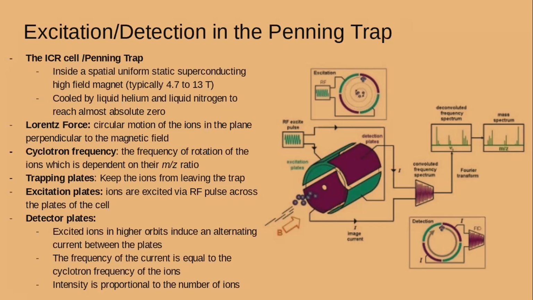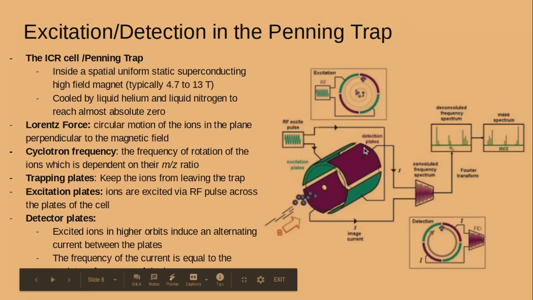When the ions are put into the trap, they're in this natural state, this natural spin state. But by exciting them, they will go to a higher spin state, which will move them a lot farther, so they'll be closer to the actual plates and closer to the detection plates.